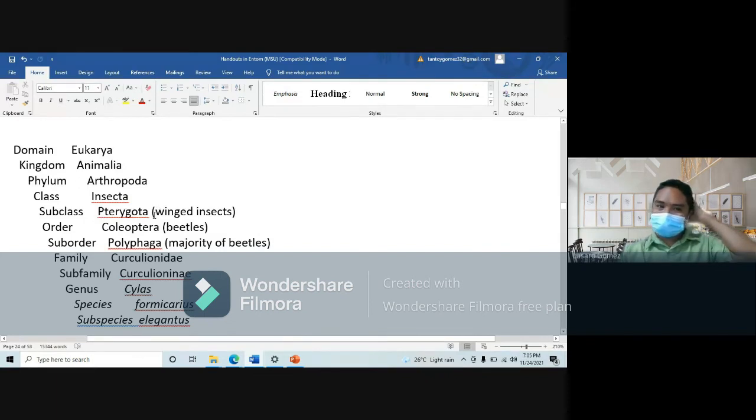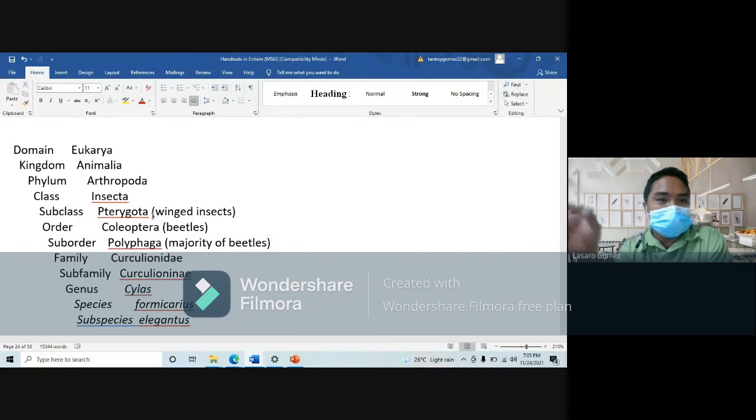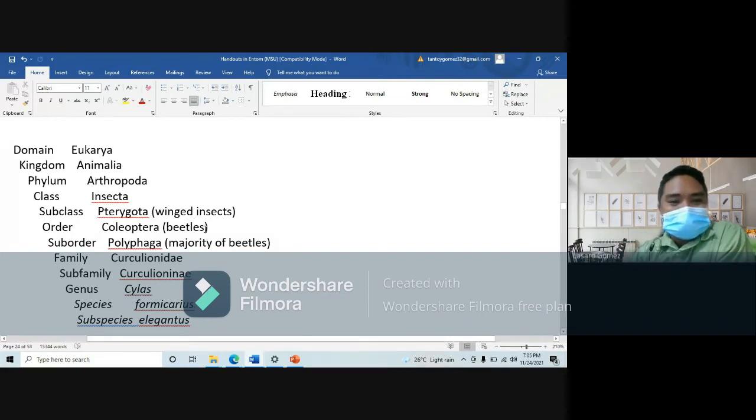The wingless insects are called Apterygota. Yes, there is a subclass for this, because there are also insects that have no wings. Since our example is an insect that has wings, it is called Pterygota.